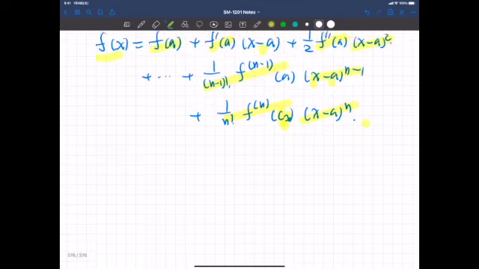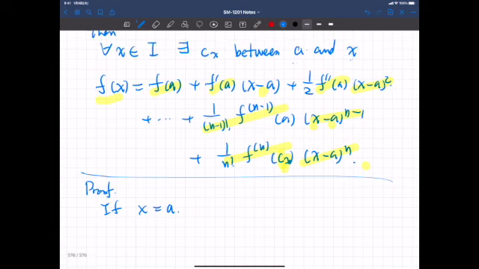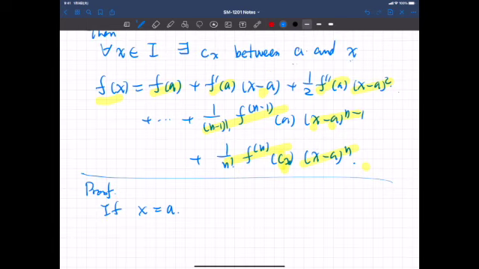So let's prove this. Okay, so first of all, if x is equal to a, then this is just trivial, right? So if you just substitute x equal to a, then everything in this polynomial part will be 0.